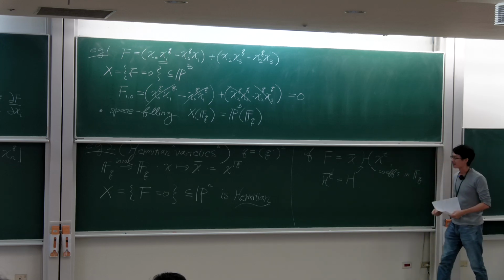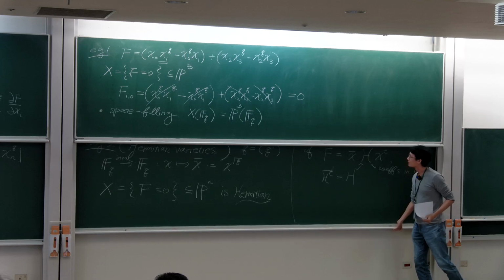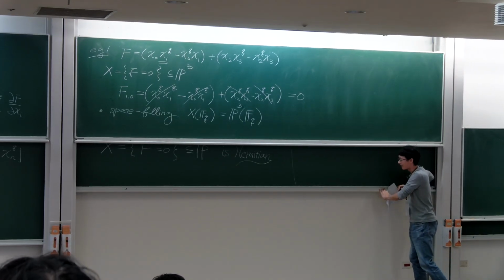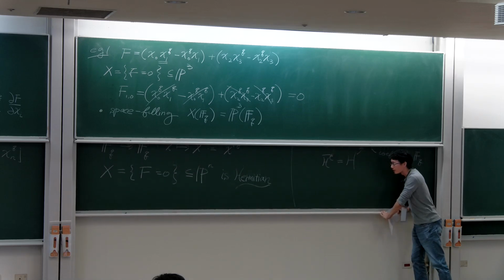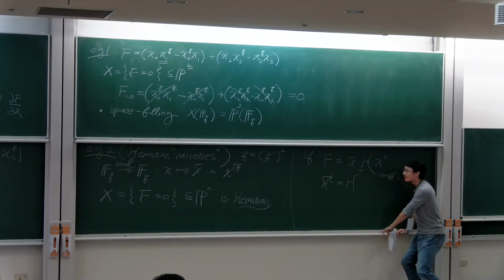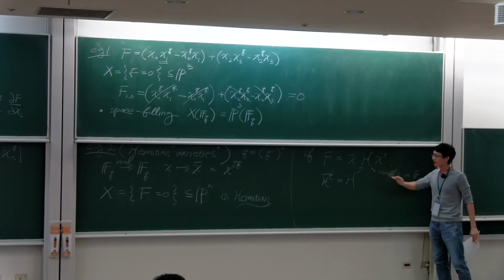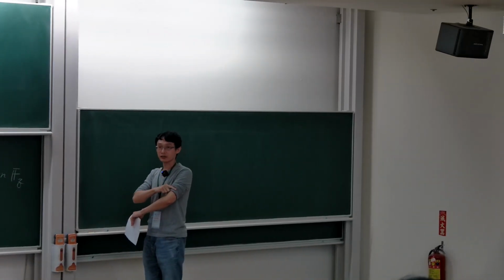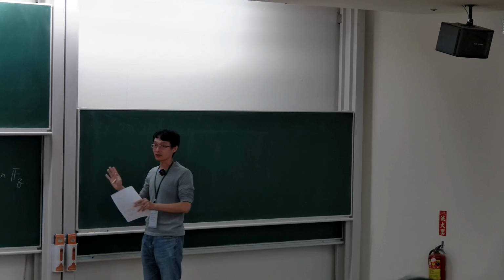However, there are two people who proved that Hermitian varieties are actually very simple. So if you fix the rank of H and also the dimension, then up to PGL action over the ground field, they are all the same.